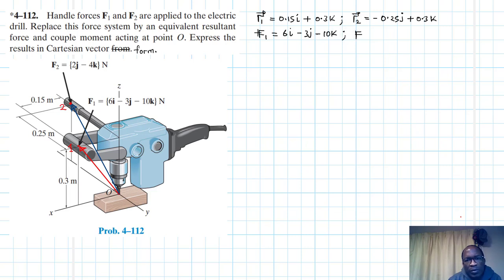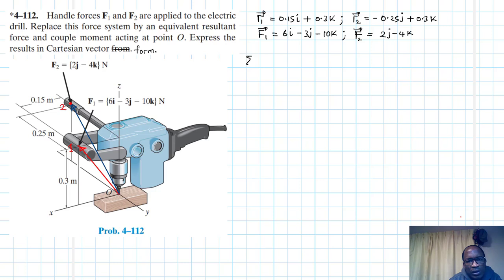And then we do have another force there, F2, which is going to be equal to 2j minus 4k.